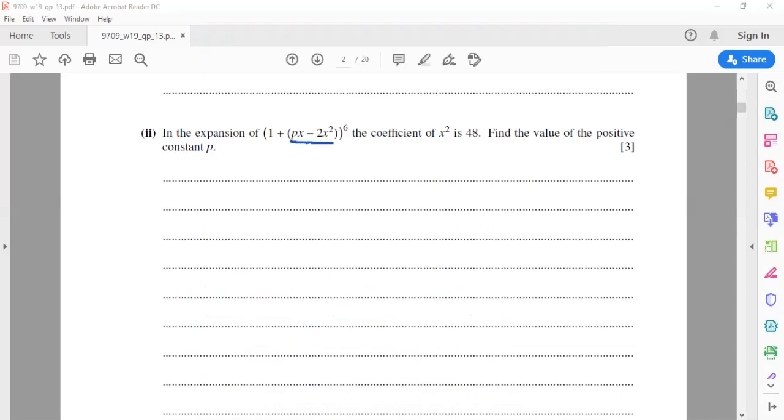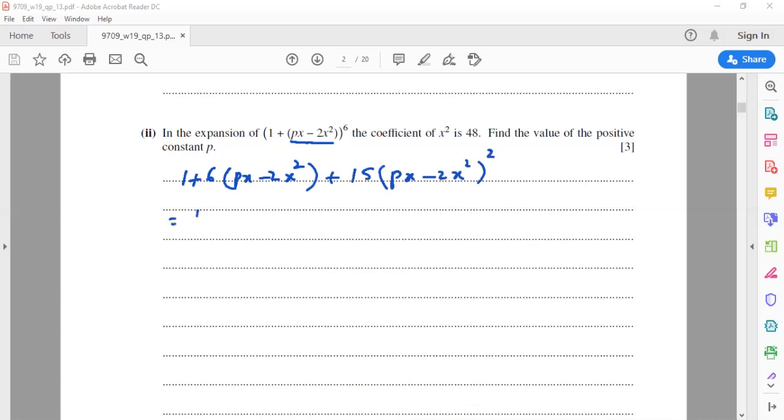So in the previous solution, which was 1 plus 6y plus 15y square, in place of y, we'll place this value. So 1 plus 6 into y, and in place of y we are going to place px minus 2x square, plus 15, and y square means (px minus 2x square) whole power 2.